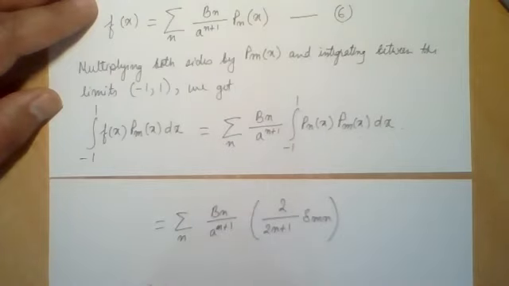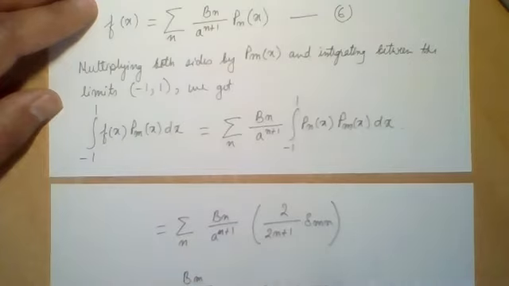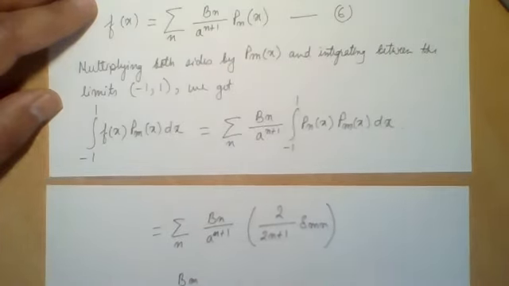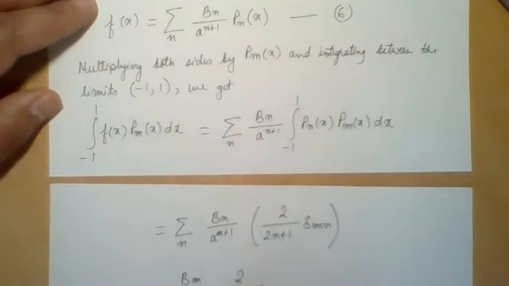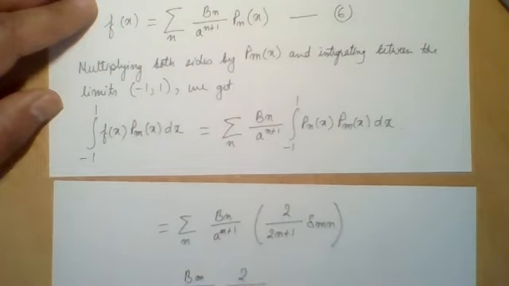So this is equal to Bm by a to the power m plus 1, times 2 divided by 2m plus 1.